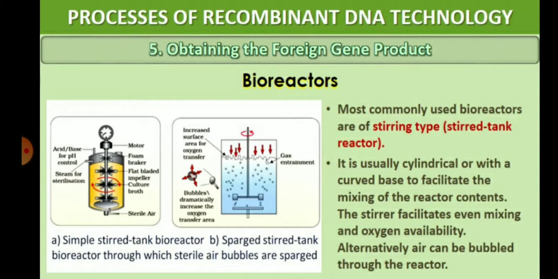An example is the stirred tank bioreactor. It is usually cylindrical in nature, with a curved base to facilitate the mixing of the reactor's contents. The stirrer facilitates even mixing, or we can say oxygen availability. Alternatively, the air can be bubbled through the reactors.